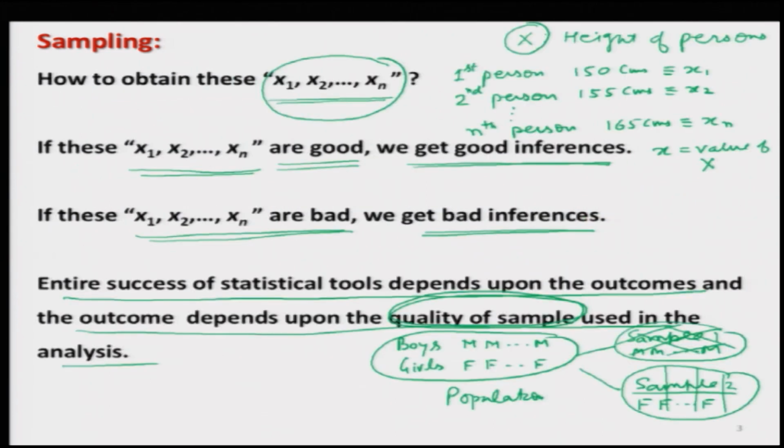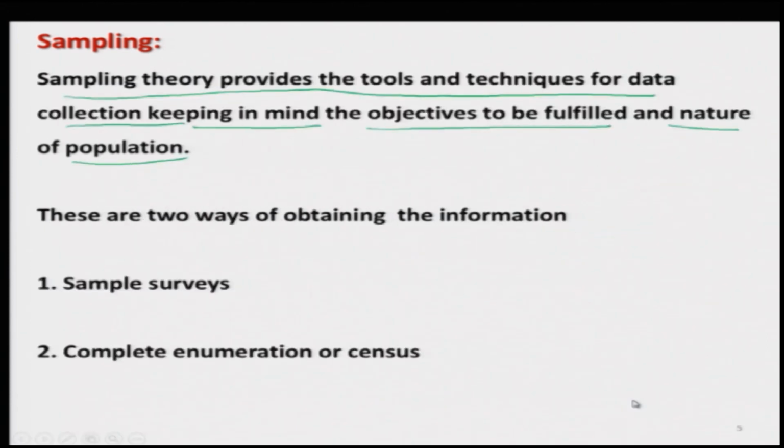For example, you can see here that in this population there are male students and female students, but in sample number 1 there are only male students, and in this sample there are only female students, right. So, the nature of the population is not getting reflected in the sample.